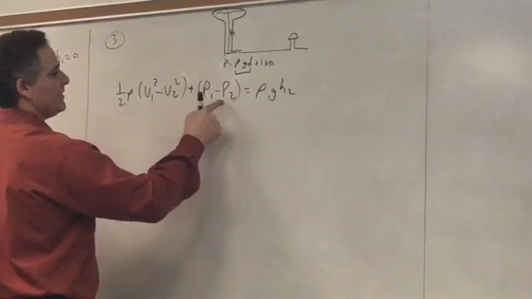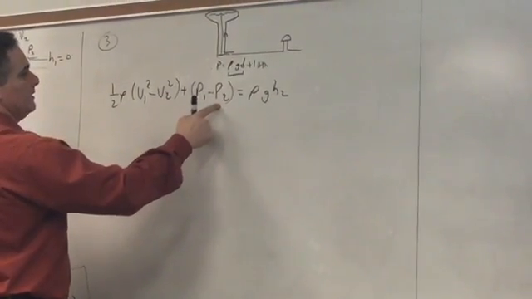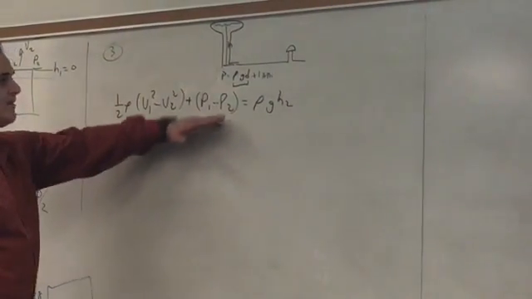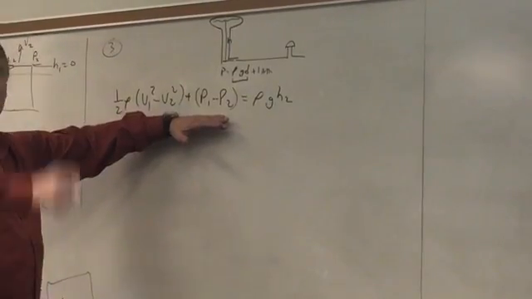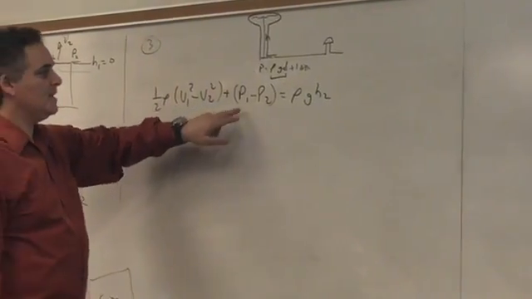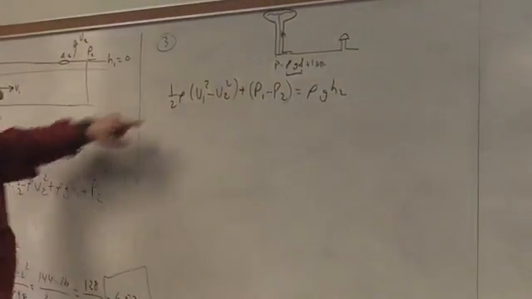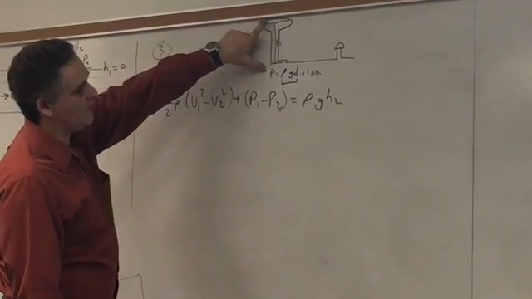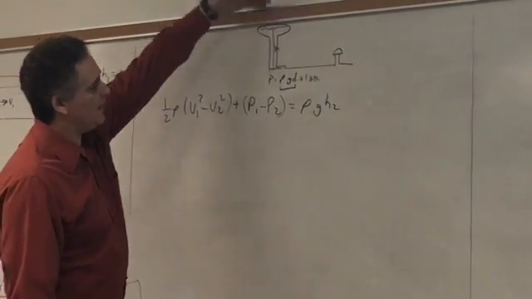And this pressure difference right here is what causes the fire hydrant to shoot up so high. So this P1 is driven by the water tower. All that pressure is pushing there.